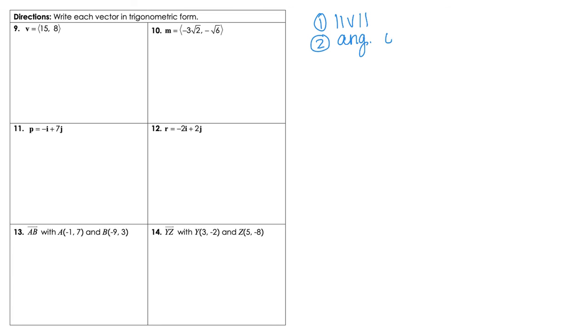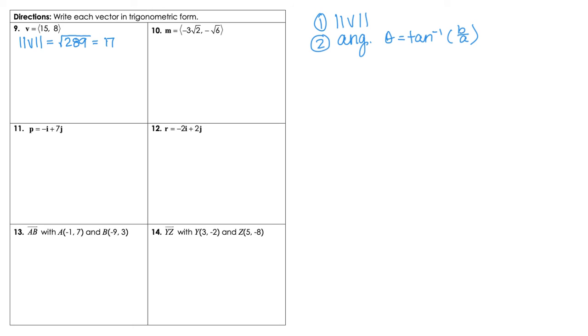And that's where we said theta equals inverse tangent of B over A. All right, so doing that, our magnitude of vector V is going to be the square root. I got 289. If y'all get something else, let me know. And that's going to be 17.